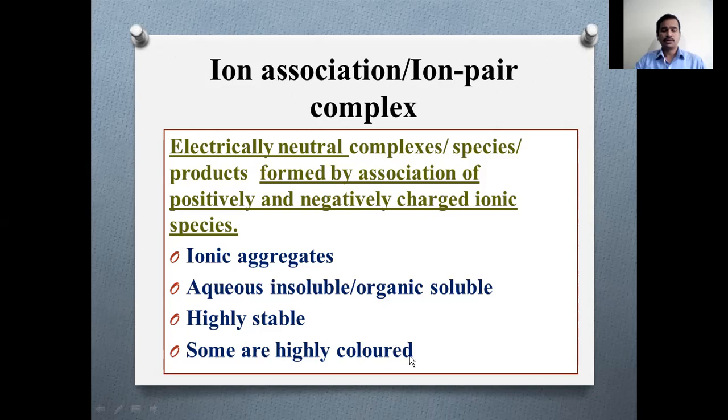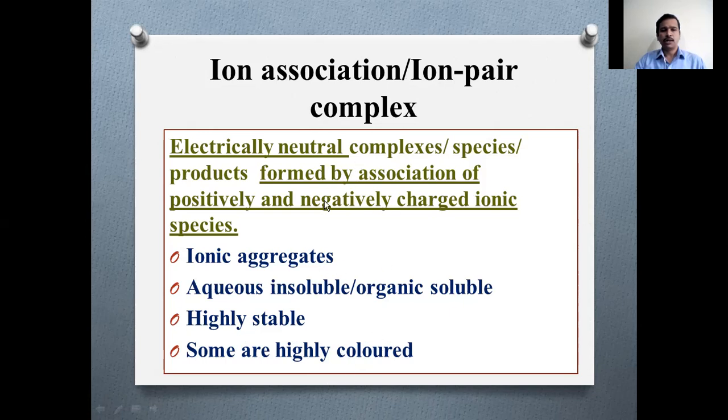And some of the ion association complexes will be highly colored. Not all, but some complexes will be highly colored. The reagents may be colorless, or the positively charged and negatively charged reagents may be in different colors, but the product will be colored.